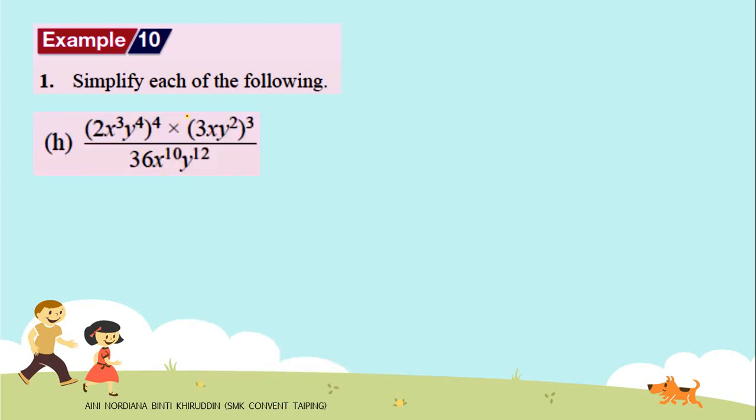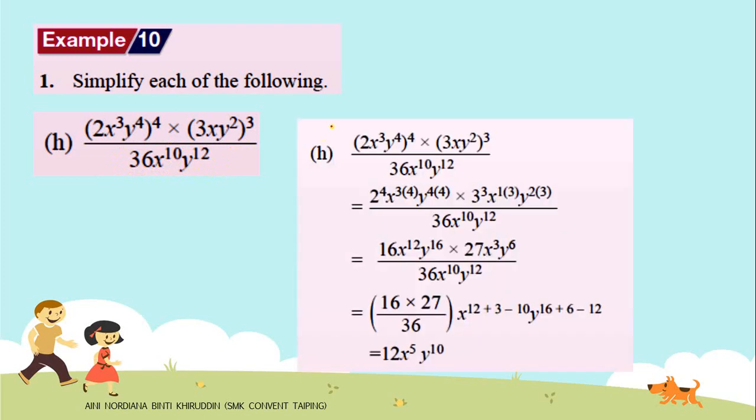So for H, I have a bracket here, here also I have a bracket, but the denominator will remain unchanged. So 2 to the power of 4, x cubed to the power of 4, y to the power of 4 to the power of 4.